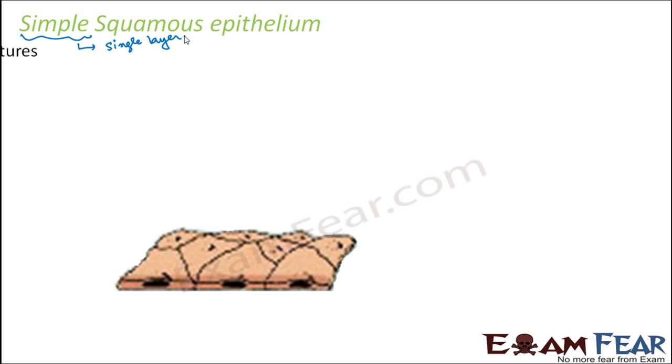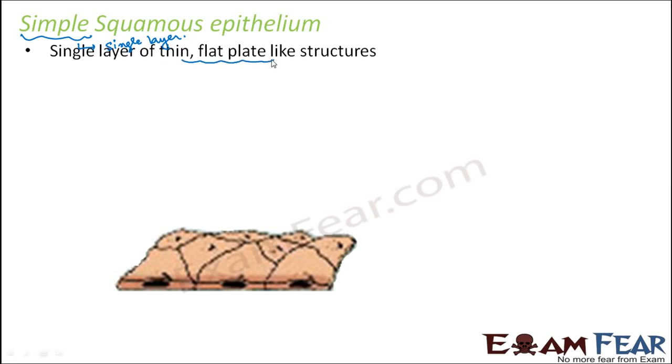So what is simple squamous epithelium? It is a single layer of thin, flat, plate-like structures. Squamous is because of the shape of the epithelium. They are generally thin, flat cells. As you can see in this picture, they are quite flat as well as thin.